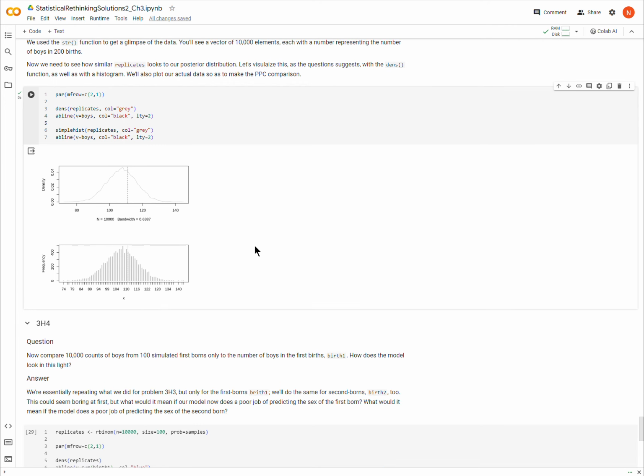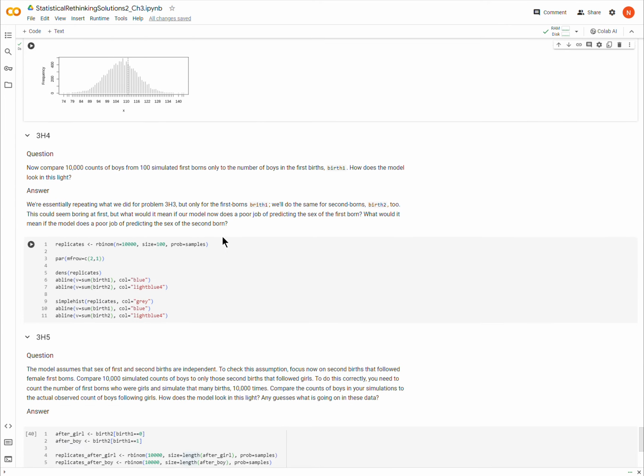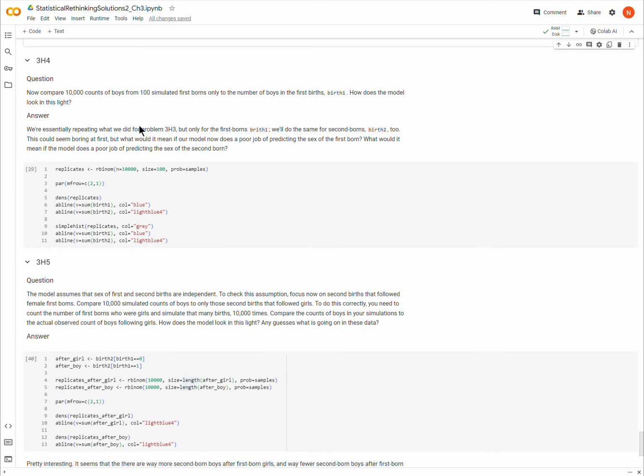But we can start to dig in a little bit deeper, and that's what we do with 3H4. So now, instead of comparing both births, the firstborn and the secondborn, we're just comparing the firstborns.